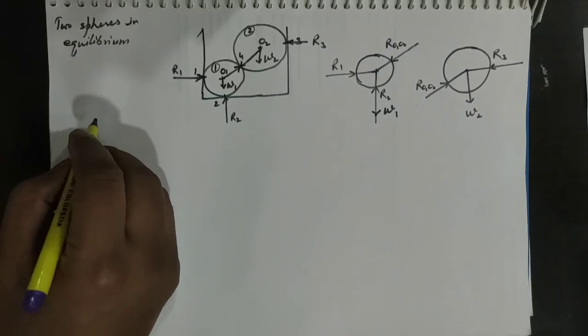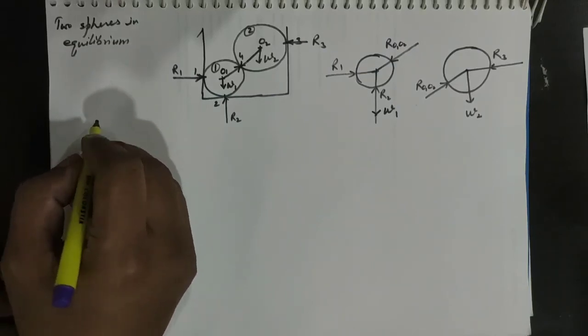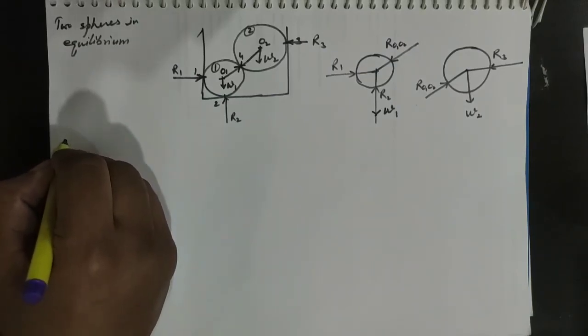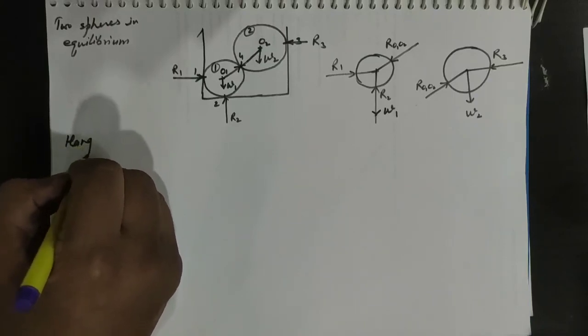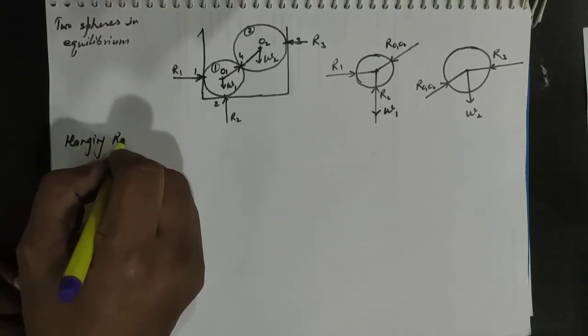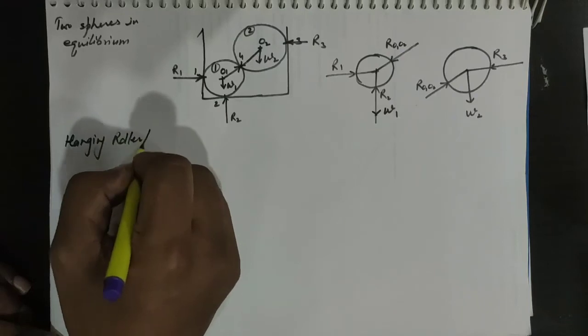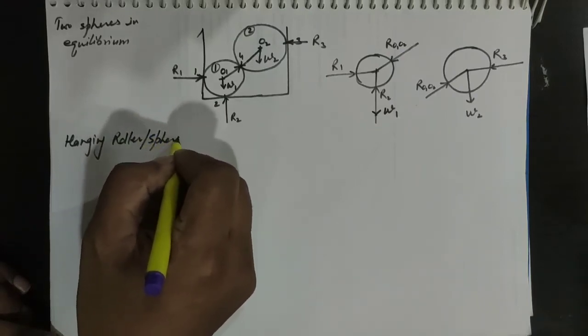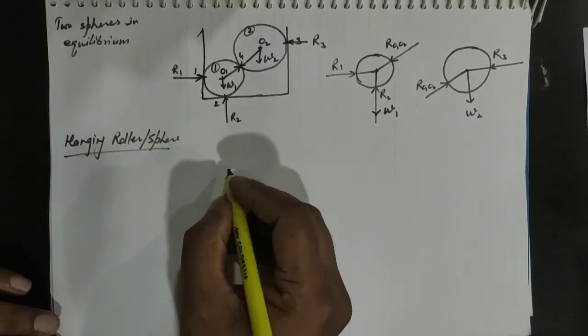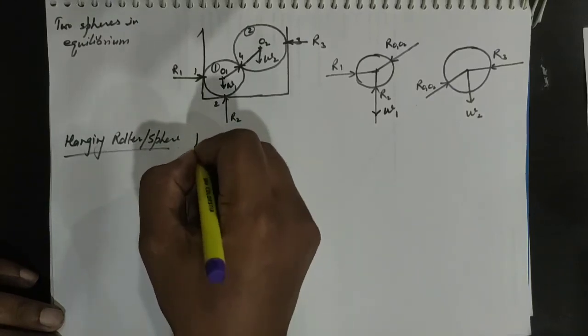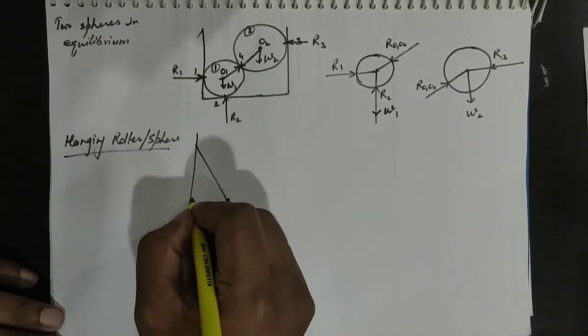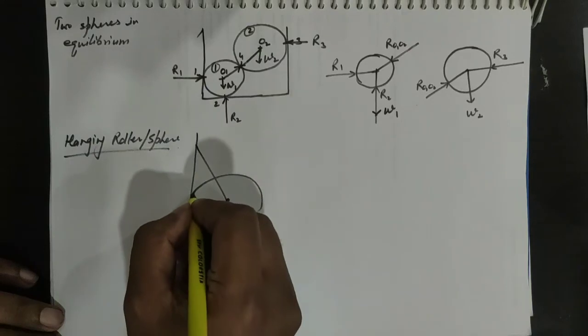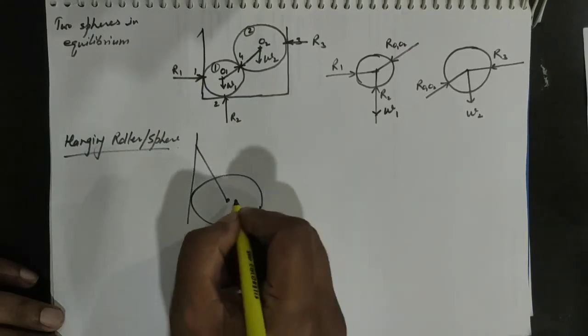Sometimes we have a hanging roller or sphere. In that case, we have a wall and one string on which a sphere or roller is hung that way.